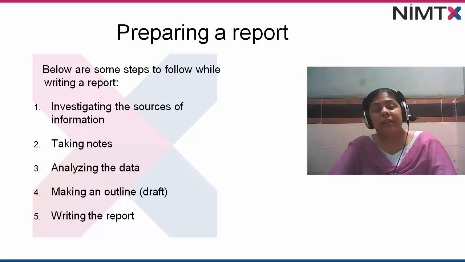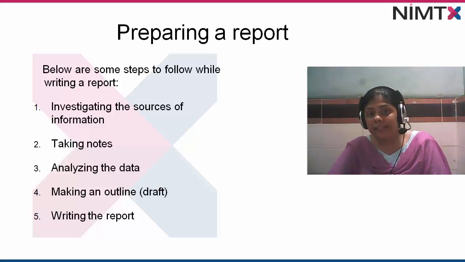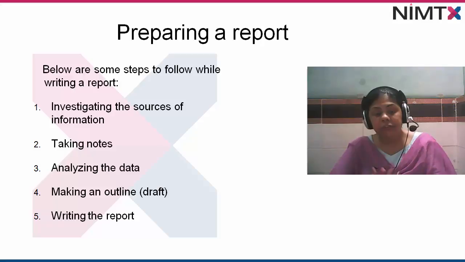So is the information that has been provided correct? Is it authentic? If you take something from a book, you know it is authentic. So whatever information you have, you need to be sure that it is correct. Taking notes, understandable. Analyzing the data, understandable. Making an outline, writing the report.